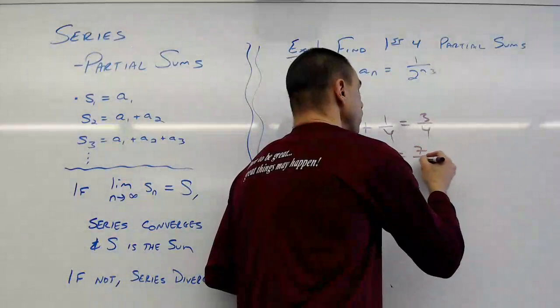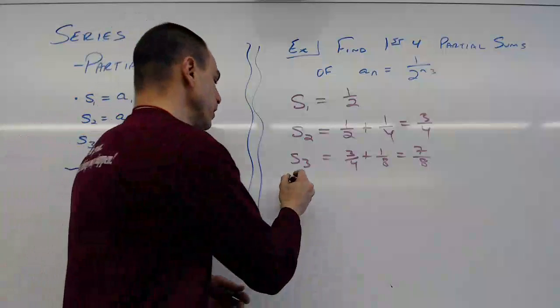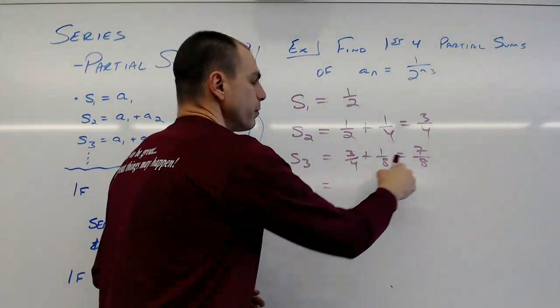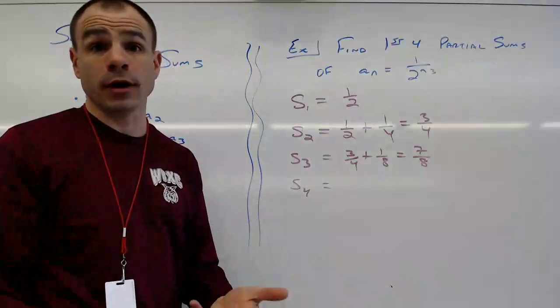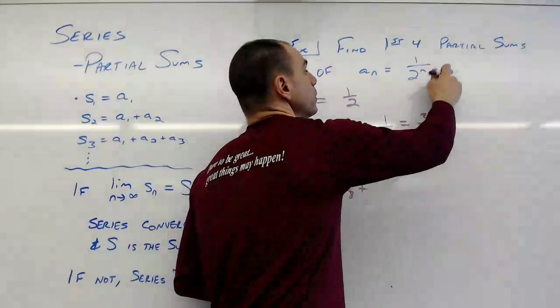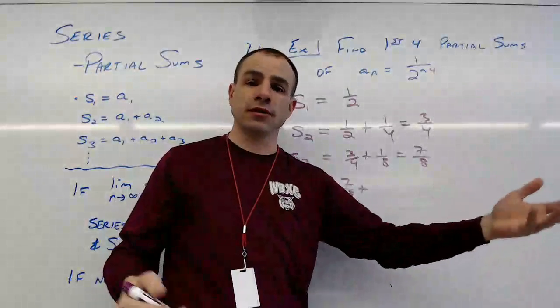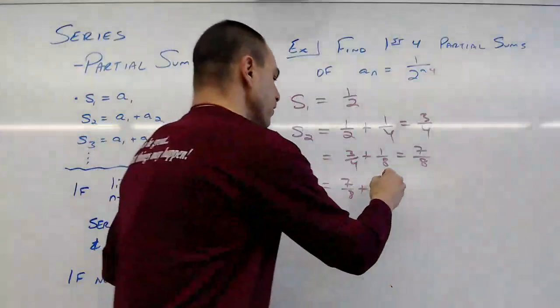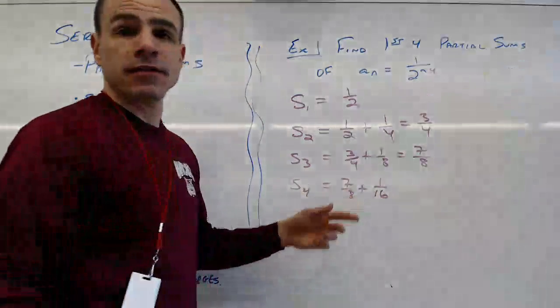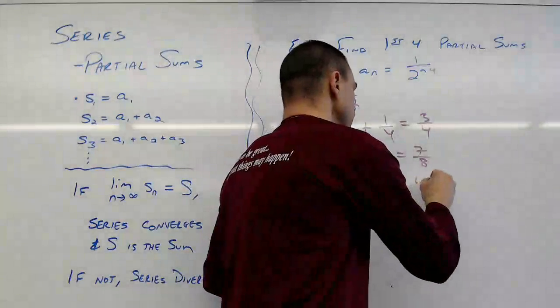That's our third partial sum. And we have to do the first four, so we go with one more. The fourth partial sum is the sum of the first three terms, which we already know is 7/8, plus the fourth term. 2 to the fourth is 2 times 2 times 2 times 2, that's 16, so we have 1 over 16. 7/8 is 14/16, so we added one more, and we have a total of 15/16.